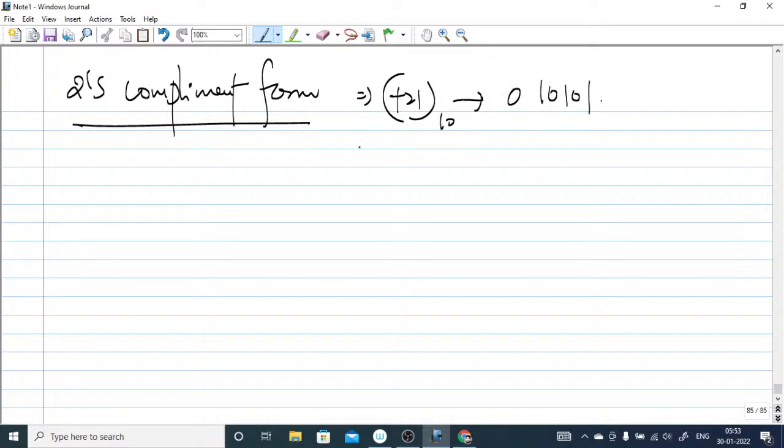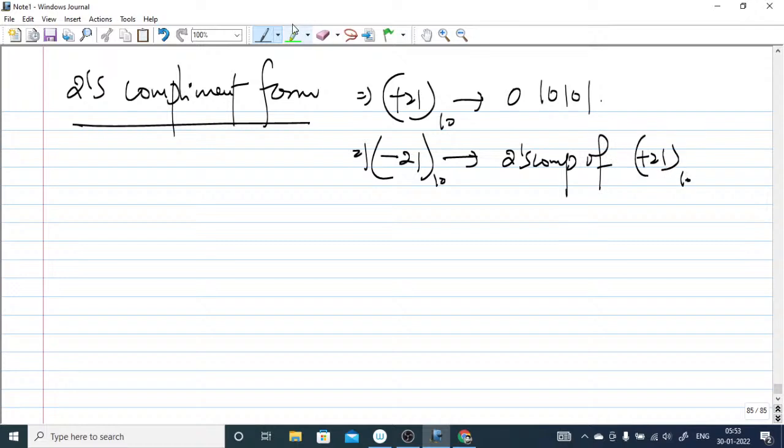Now suppose you have to represent minus 21 in 2's complement form. You have to find the 2's complement of plus 21, including the sign bit as well.